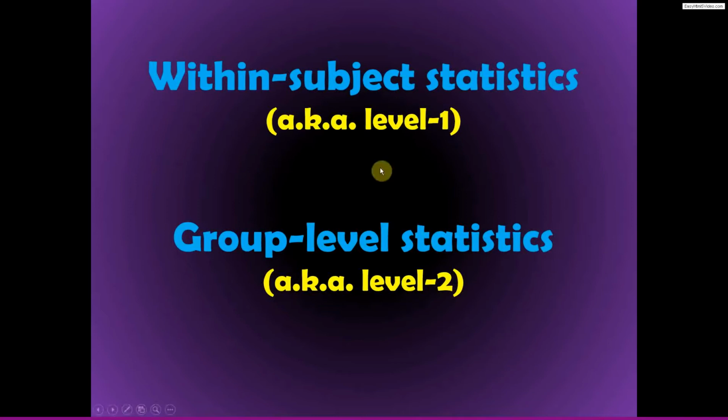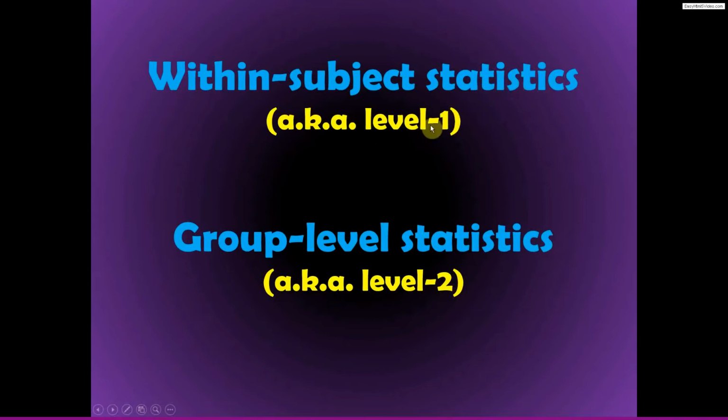So, for example, if you have a typical task or trial-based design, then you would have your level 1 analyses. Level 1 would refer to the lowest or the first order at which you are collecting data, which would be the single trials. So a level 1 analysis would be a within subject statistics analysis.